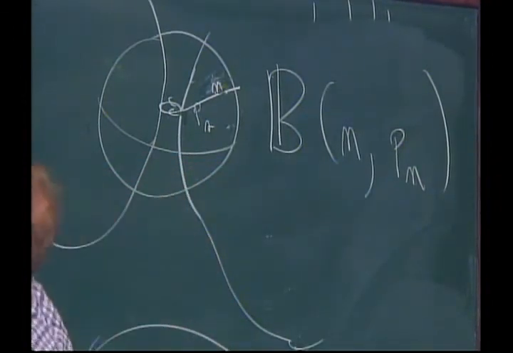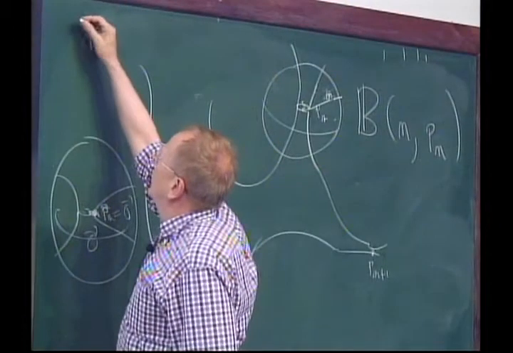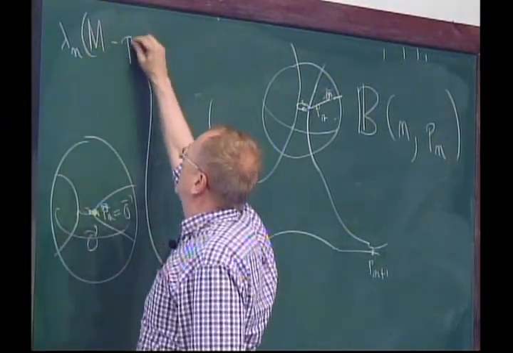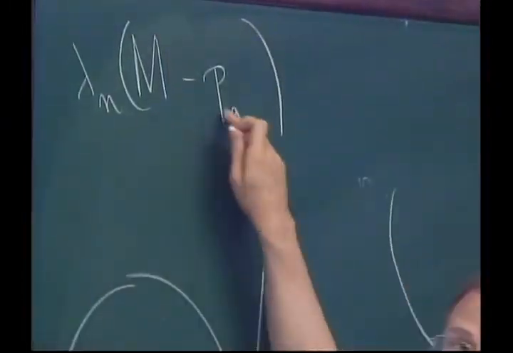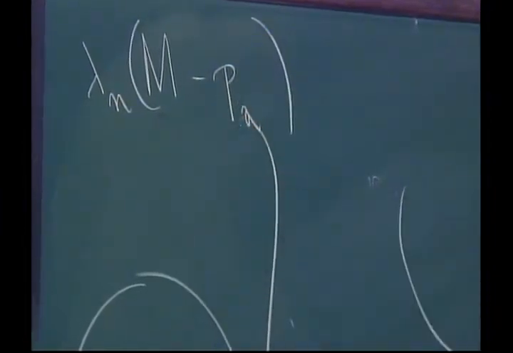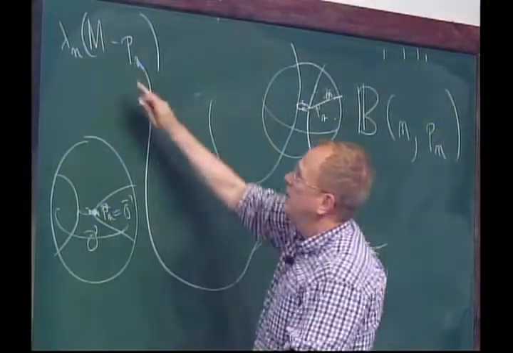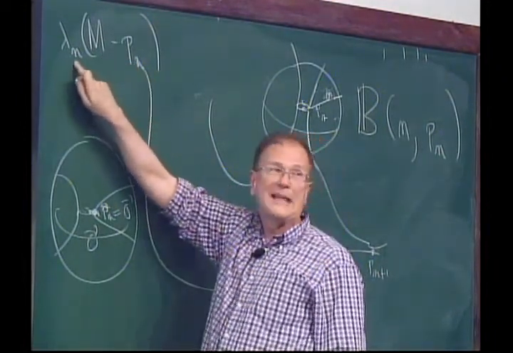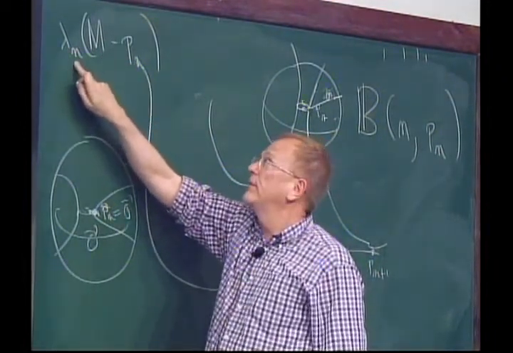Okay, so our surfaces are actually lambda n times (M minus Pn). So I actually have to do a homothetic expansion. So this ball is not radius n. I take the surface, I translate by Pn, I scale the surface.